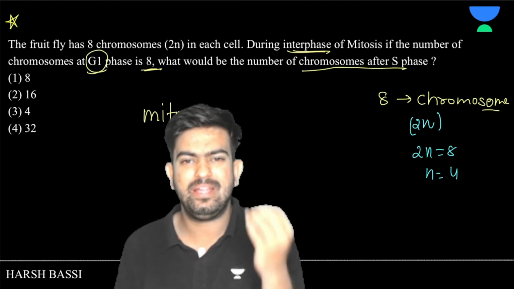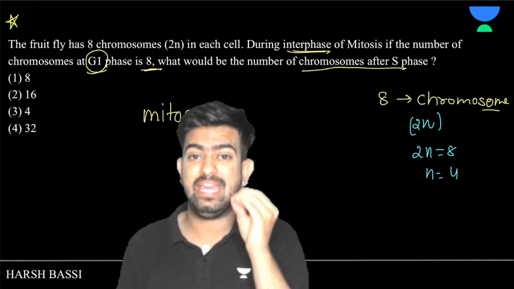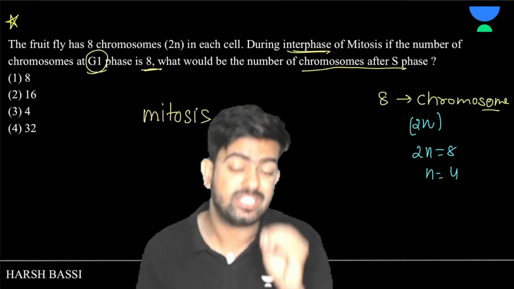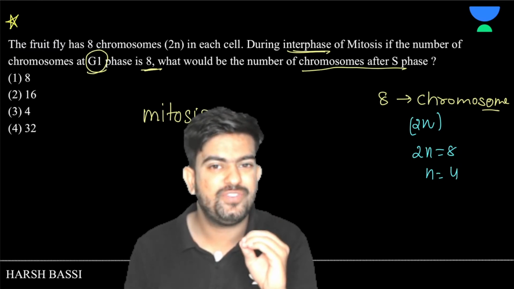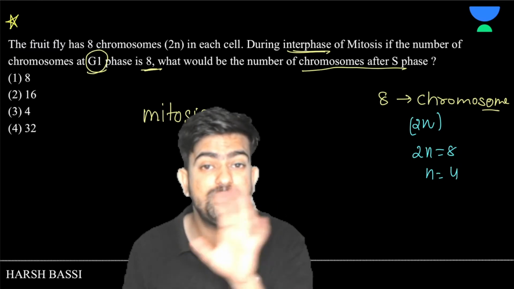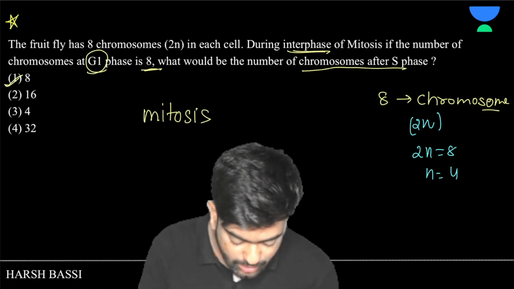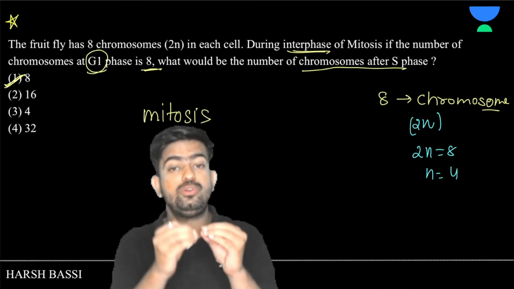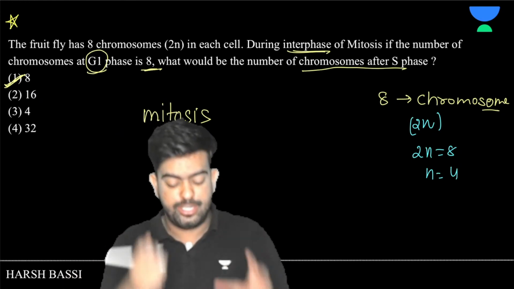Just remember a concept that DNA duplicates during the S phase. I am giving a very big hint. DNA duplicates during the S phase, but the chromosome number remains the same. So there will be no change in the chromosome number. The chromosomes will have developed extra chromatids due to the duplication.